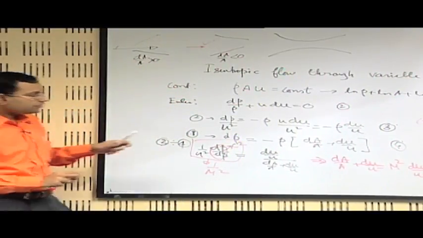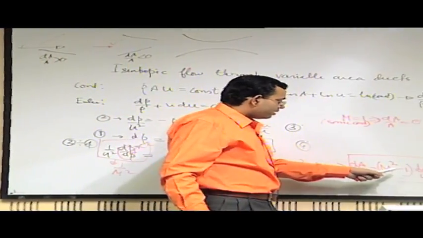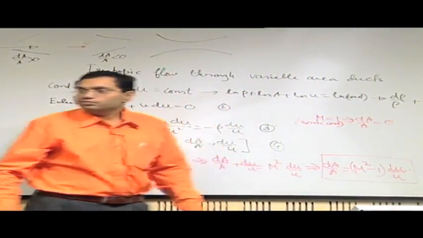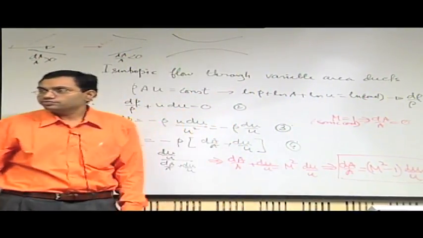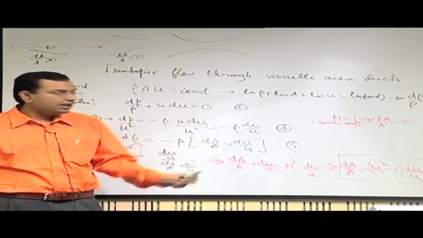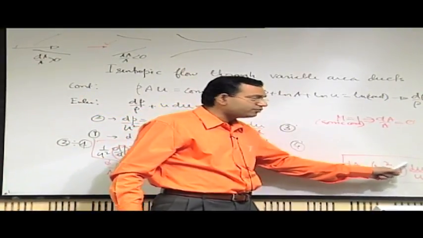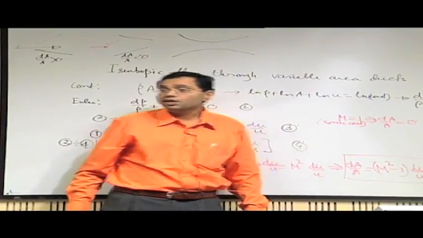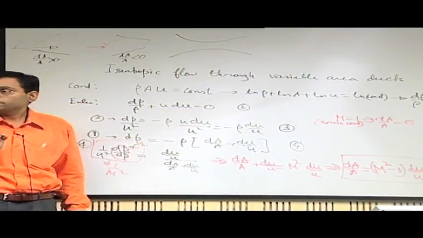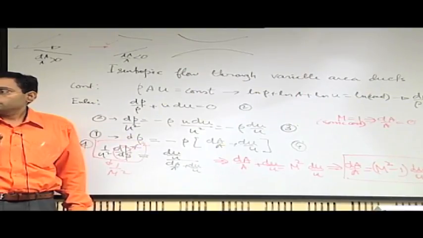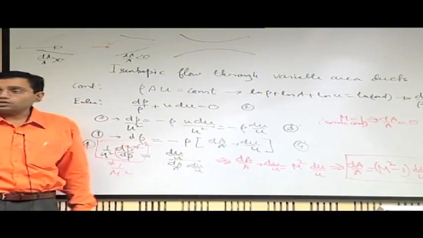But look at it the other way: if M is not equal to 1, then can you have dA by A equal to 0? Definitely, if M is not equal to 1, then you may have dA by A equal to 0 if du by u equal to 0, that means u is either a minimum or a maximum. So from this we come to a very important conclusion.